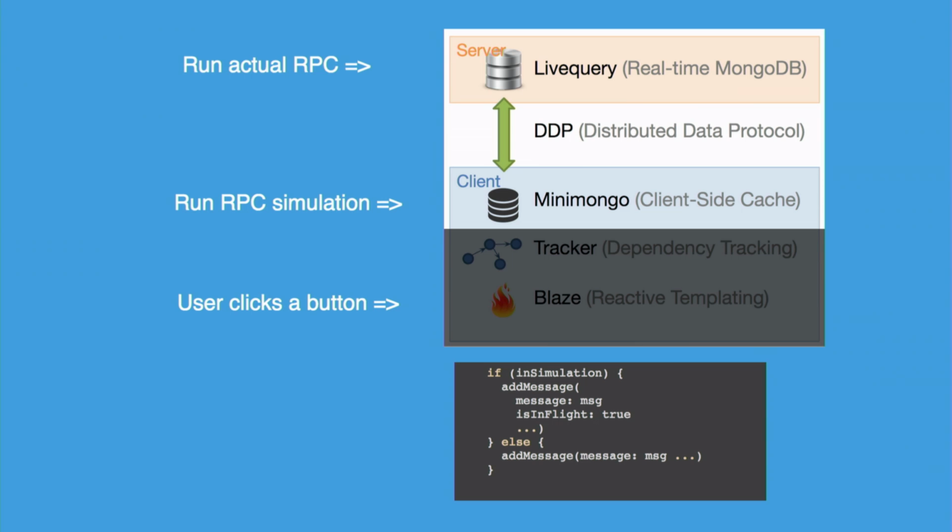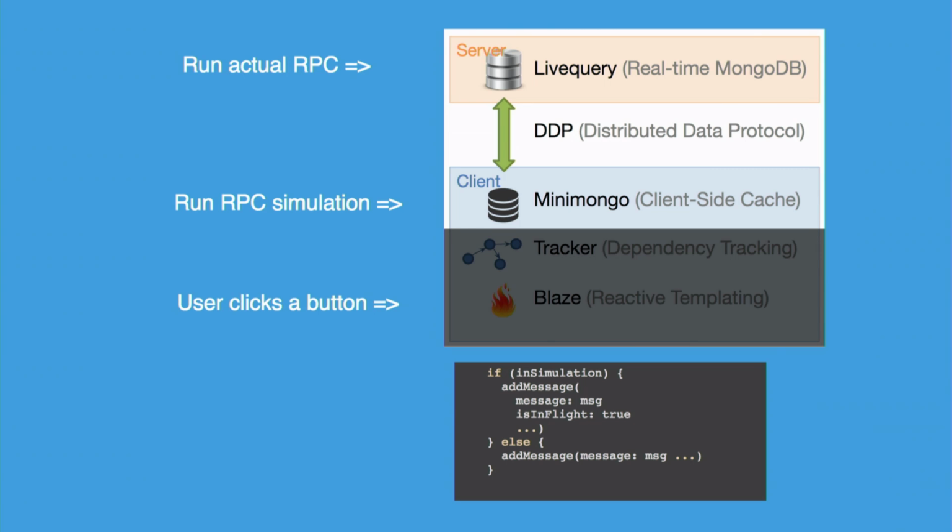On the bottom right, I have a pseudocode example of how my RPC would look. If we're in the simulation, then add a message and set a flag called isInFlight to true. Otherwise, on the server, or not inside the simulation, just add a message. I set a special isInFlight flag for a specific reason: I want to distinguish documents that have been synced already with the database from documents that have not been synced.